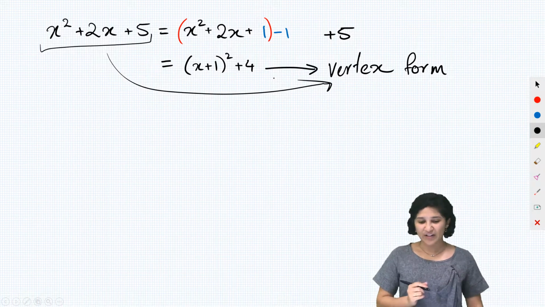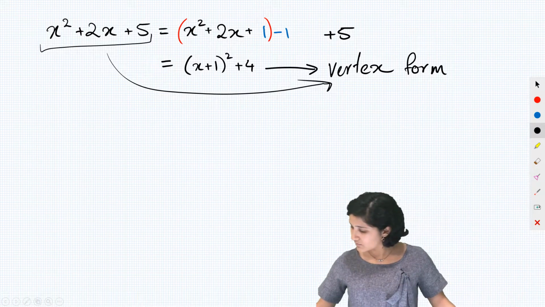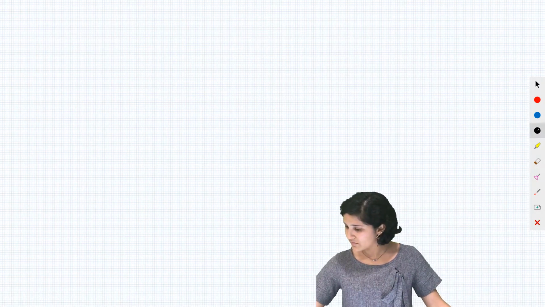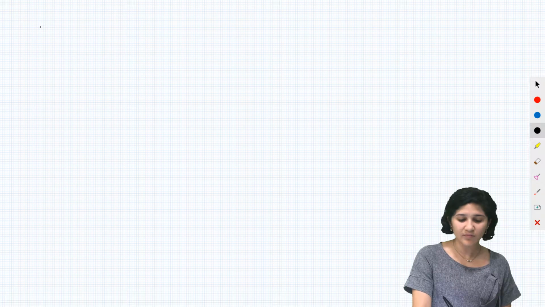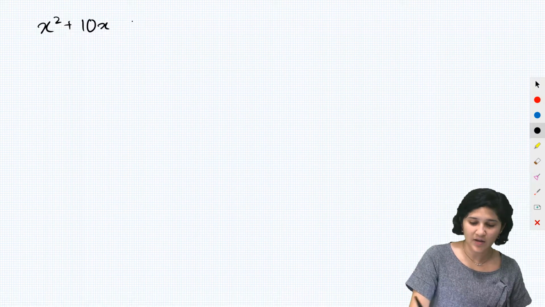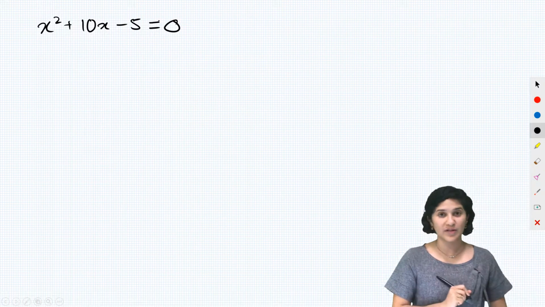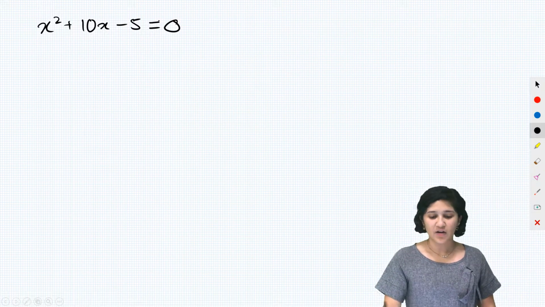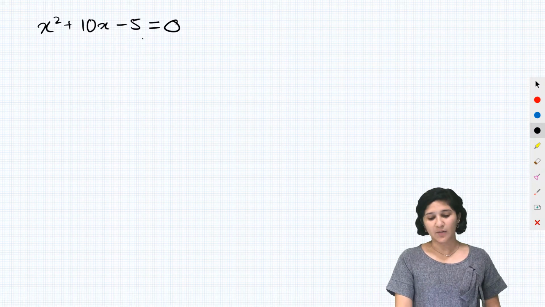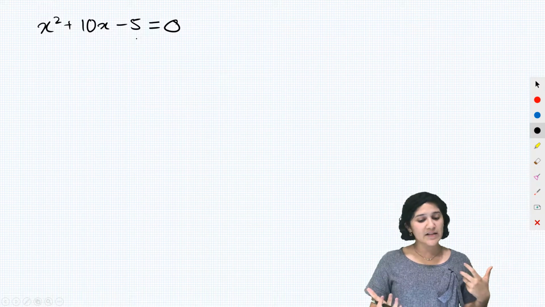Alright, so let's take another example. x squared plus 10x minus 5. And this time, I actually want to solve this equation using this method. Alright? So again, I would look at this quadratic and think, can I come up with any factors here?